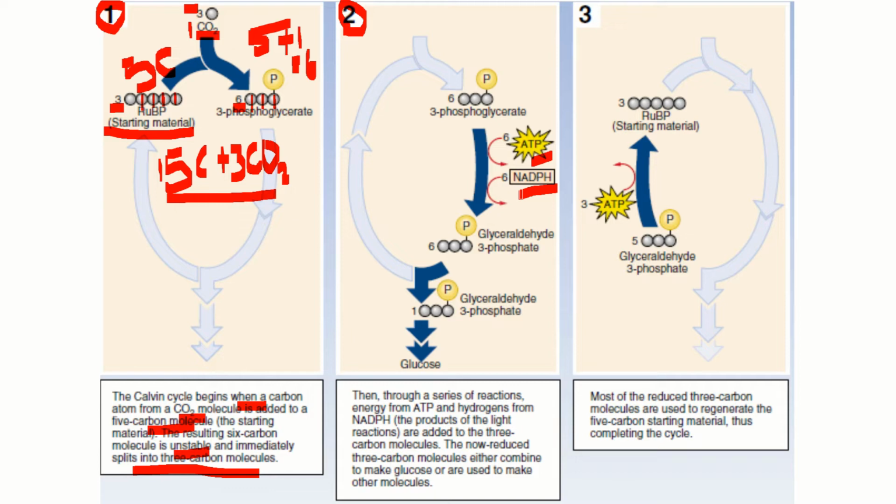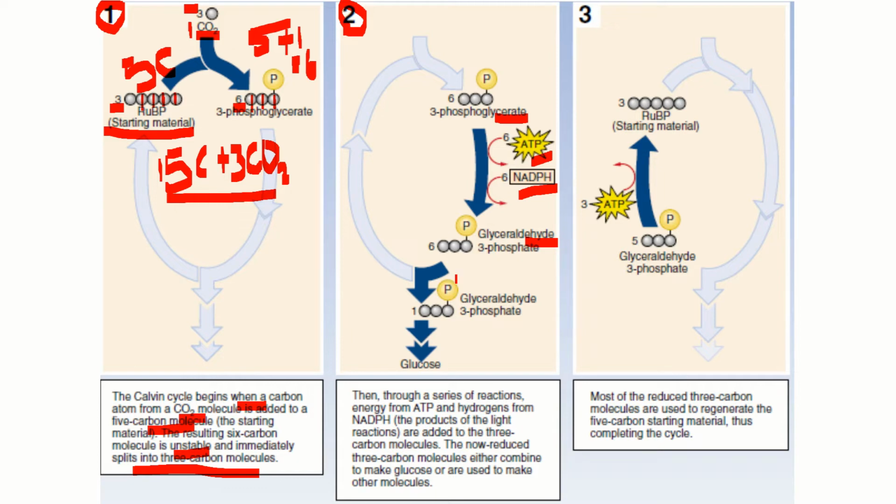So the products of the light reaction are used in the light independent reaction. With their consumption, 3-phosphoglycerate is transformed into glyceraldehyde 3-phosphate. This is an aldehyde, this is a glycerate, an acid. So acid is converted into aldehyde.